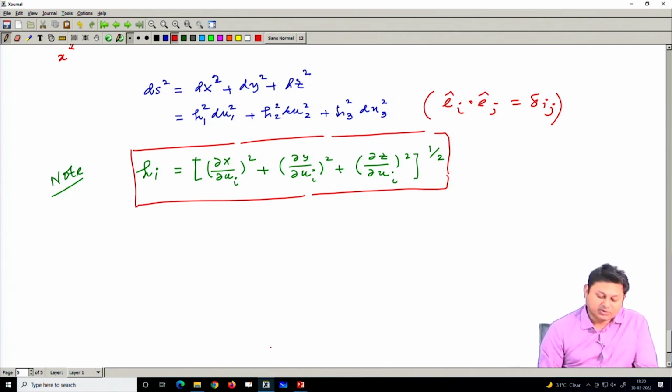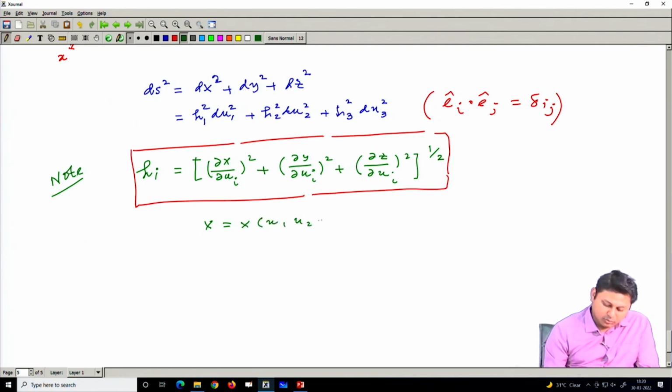So, if you know x as a function of u1, u2, u3, y as a function of u1, u2, u3, and z as a function of u1, u2, u3, then eventually you can find out the scale factor.